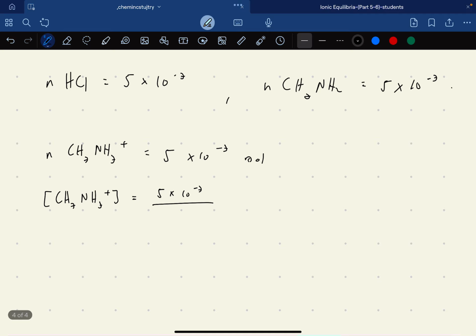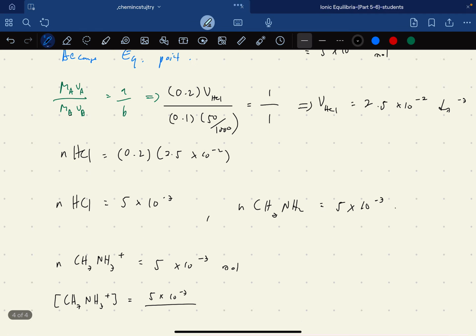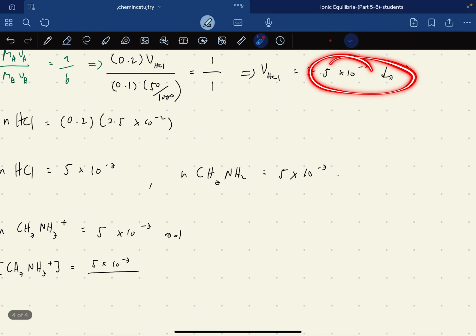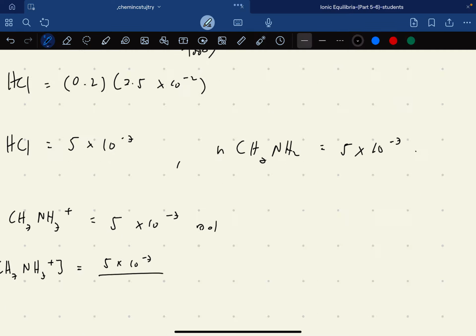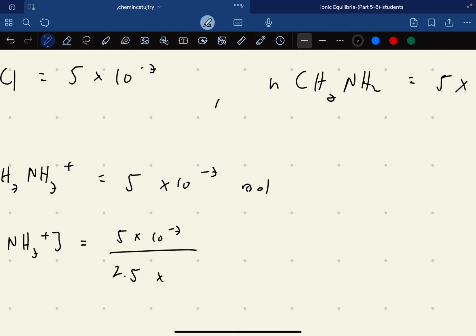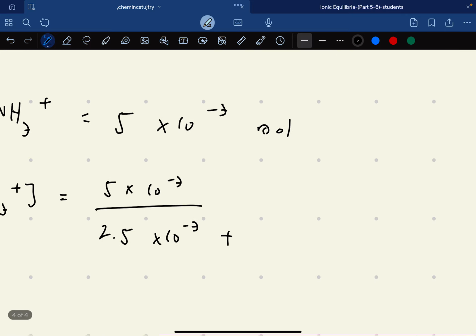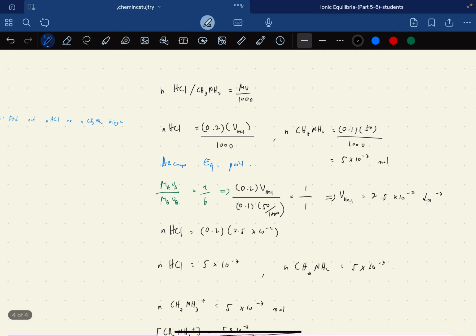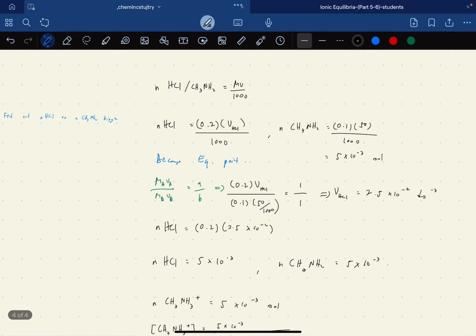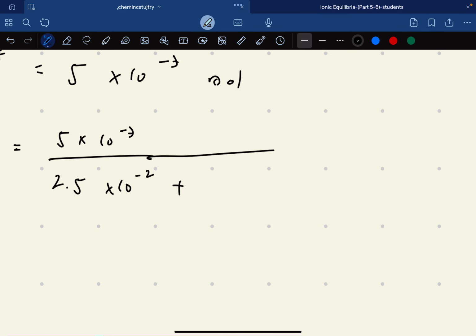So the total volume is this thing: 2.5 times 10 to the power negative 2 plus the volume of CH3NH2, which is 50 over 1000, because 50 mL changed to dm cube.